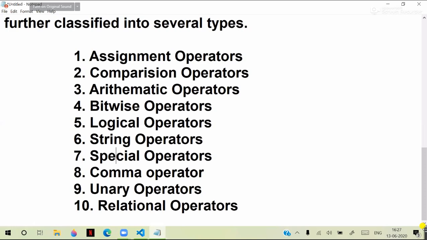Generally, what are the basic important operators? What is the difference between them and how to use them? We will see about that. So what are the operators available? Technically, arithmetic operators. We have so many arithmetic operators. That is addition, subtraction, multiplication, division, and arithmetic assignment.